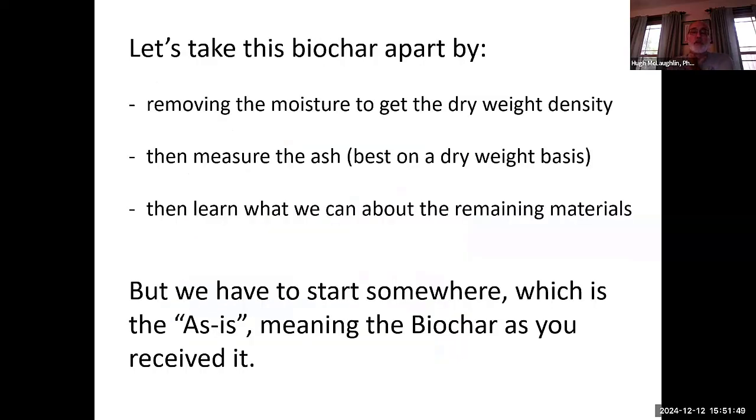And the first one is to get rid of the water. And the reason was that the water is added after the material is made, so it can be a very arbitrary amount. But before we start trying to peel it apart, let's start with as is.